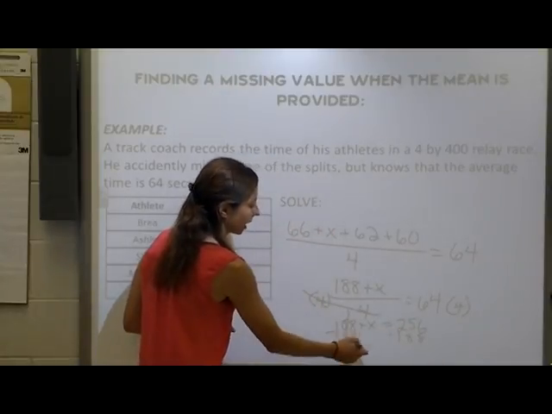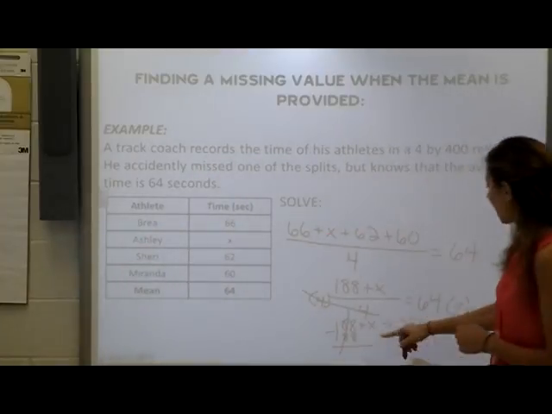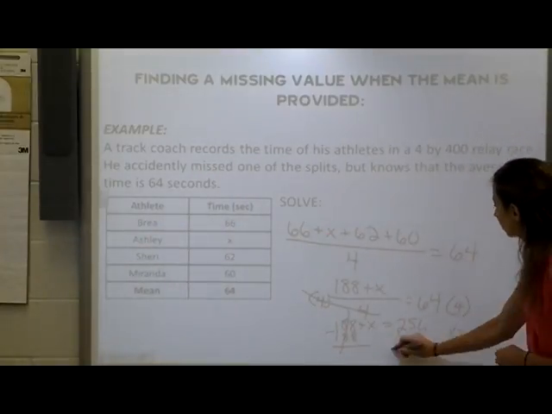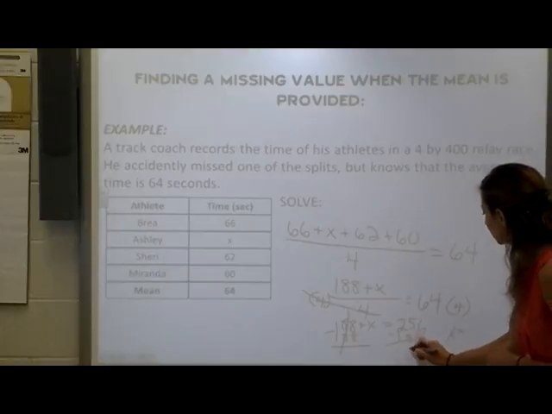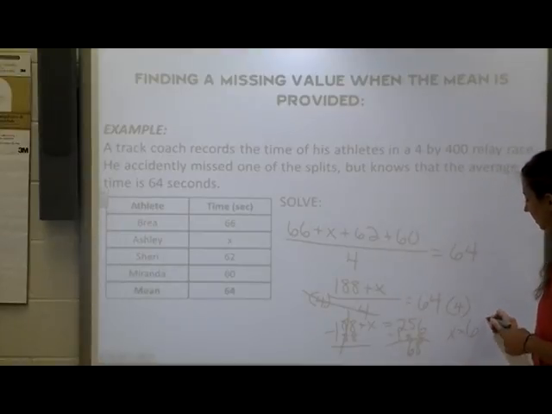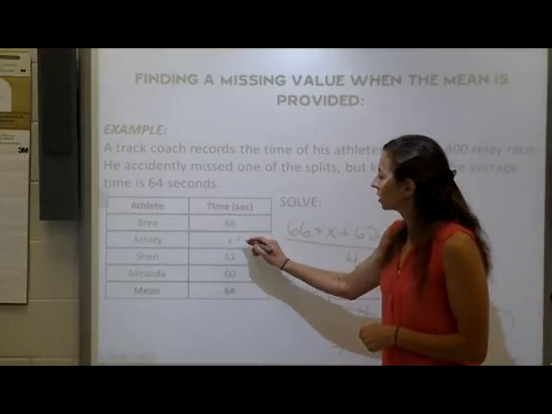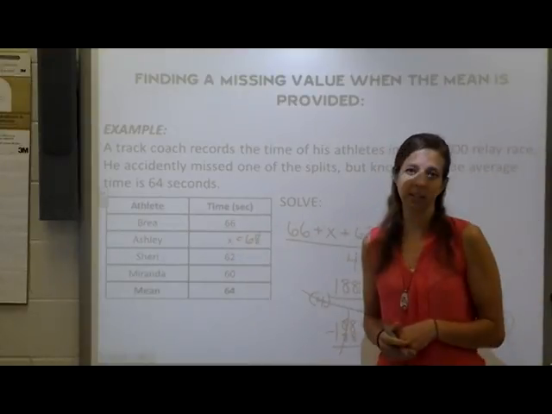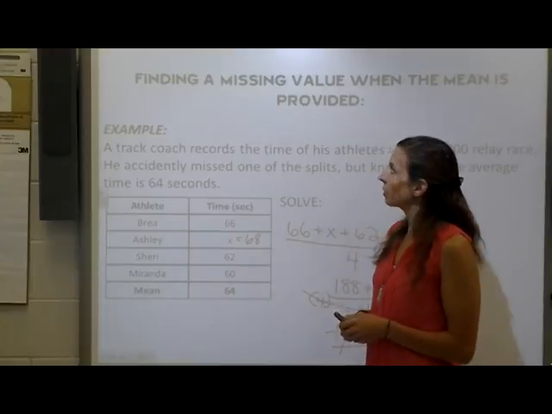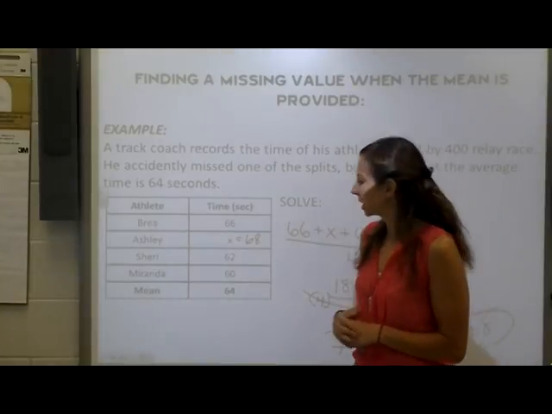This will cancel out, and we are left with X equals 68 seconds. We now know that Ashley's split was 68 seconds. That's how we find a missing value.